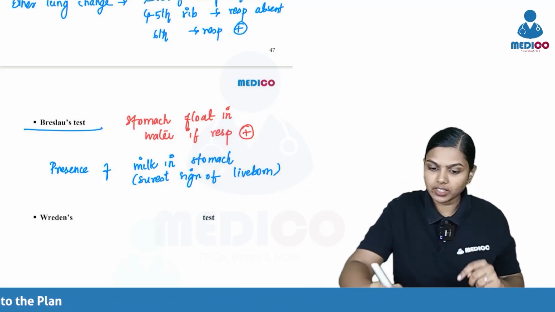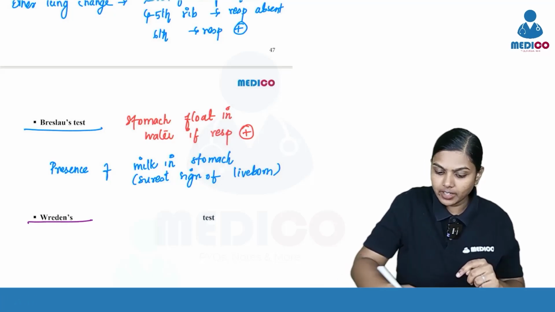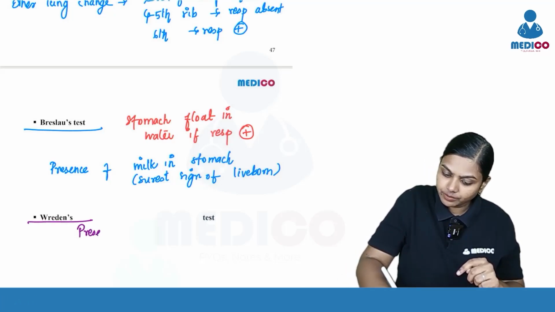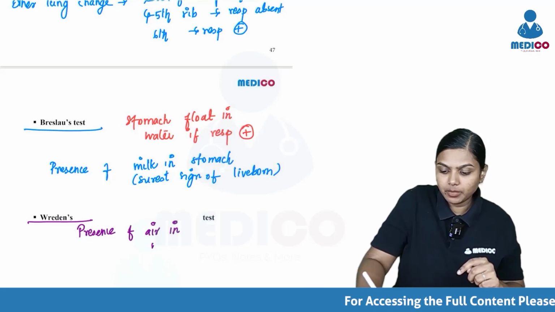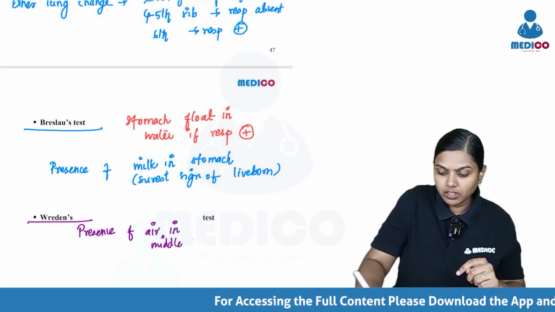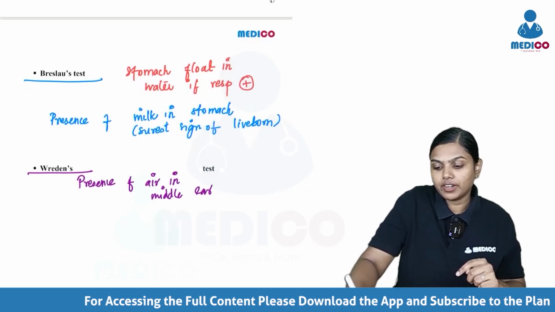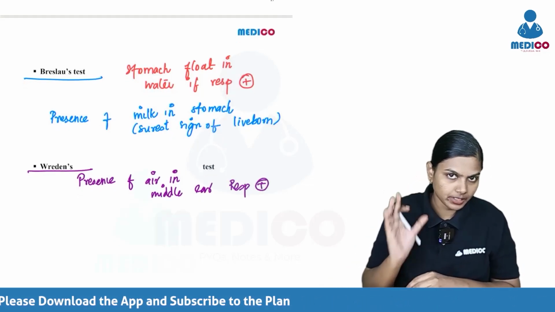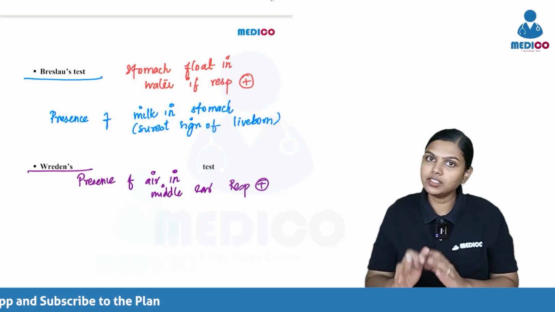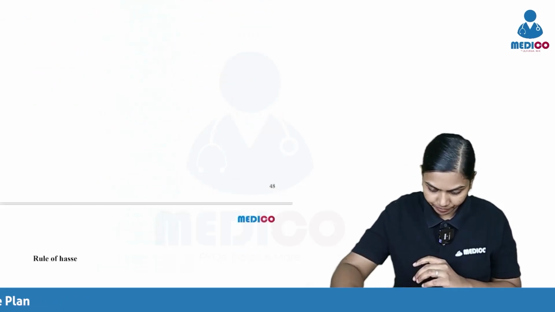Clear? And next, Redden's chest. Redden's chest is presence of air in the middle ear. If respiration has taken place, there will be air inside the middle ear compartment. This is Redden's chest. Clear?